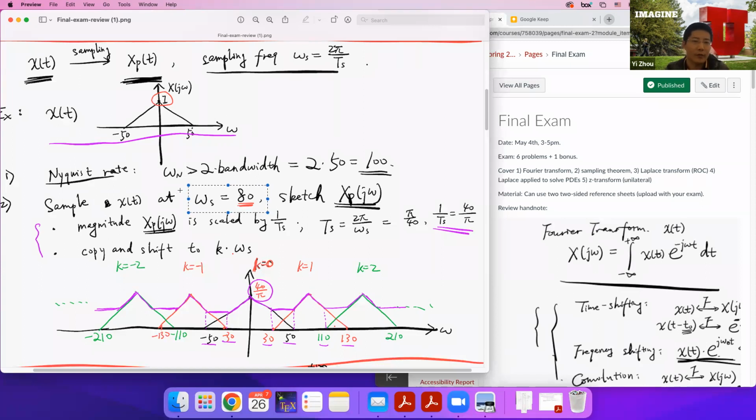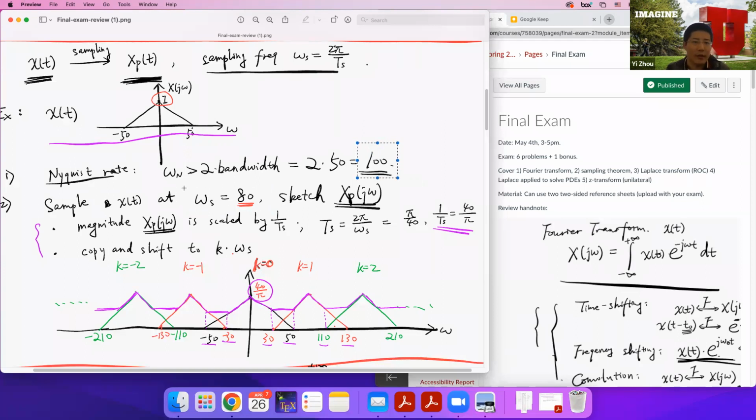From this given sampling frequency, we can see that this omega s is below the Nyquist rate. Therefore, if we sample the signal at such a sampling rate, the corresponding spectrums will have overlap. So this is what we expect.